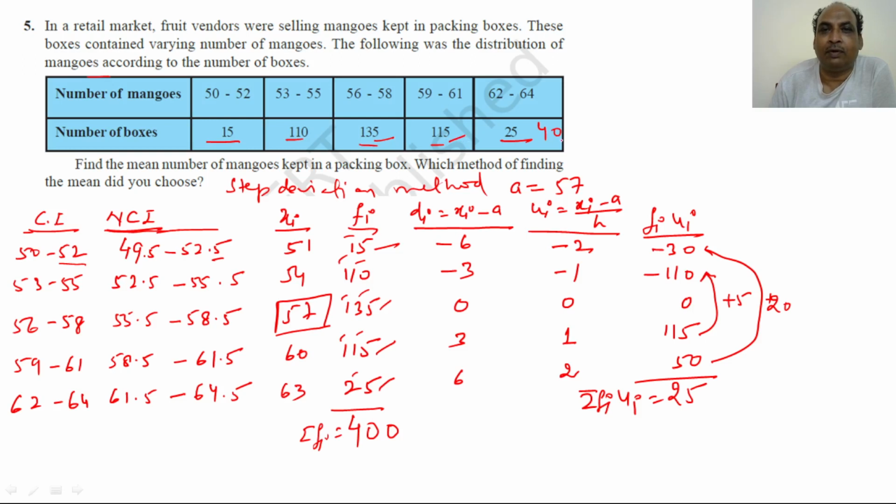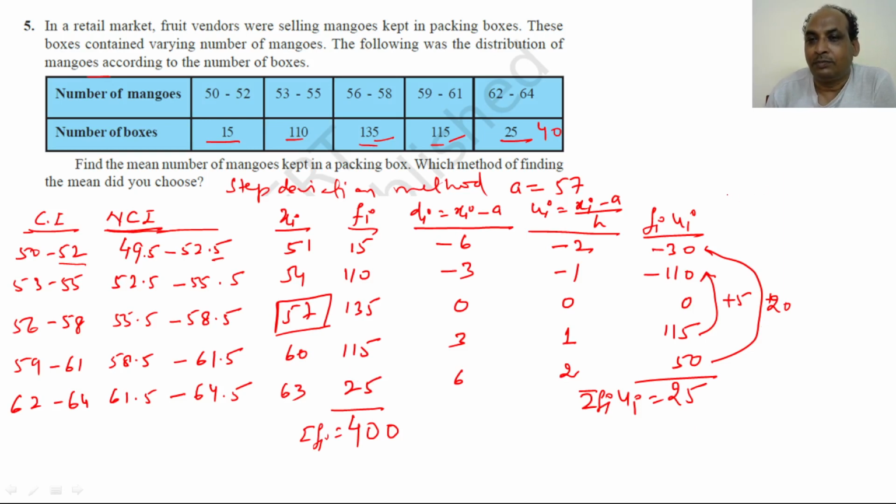So 340 plus 50, 390 plus 10, 400. So like this also you can calculate. But make sure that you are not committing any mistake. Any mistake will lead to a wrong result. So mistake should not be committed. Cross check your addition, cross check your multiplication.